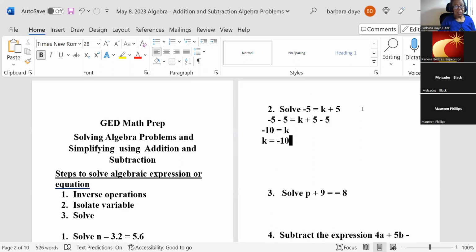For these equations, it's pretty easy to check because you don't have a lot of terms to work with. If you take a minus 10 and add it to a 5, you get a negative 5.